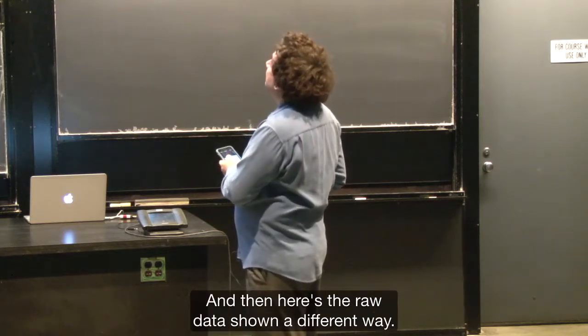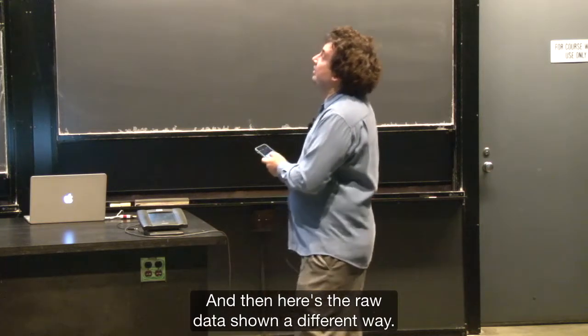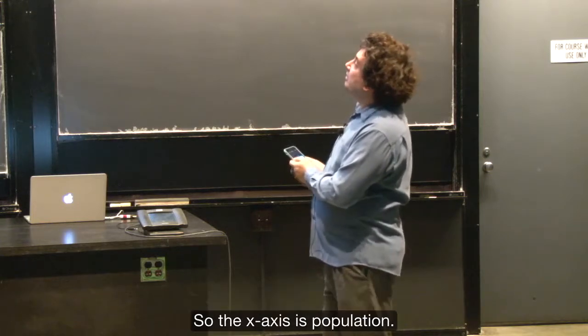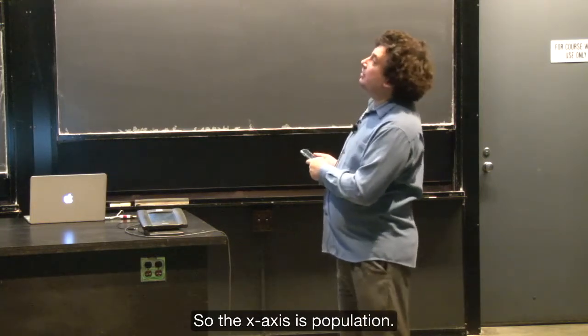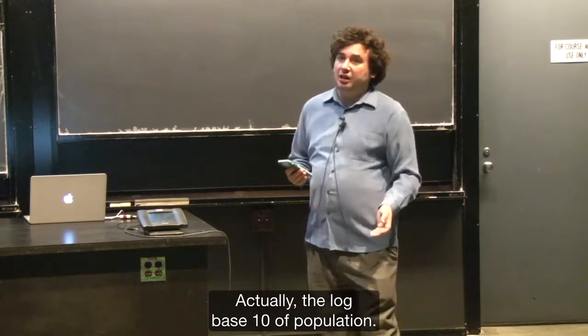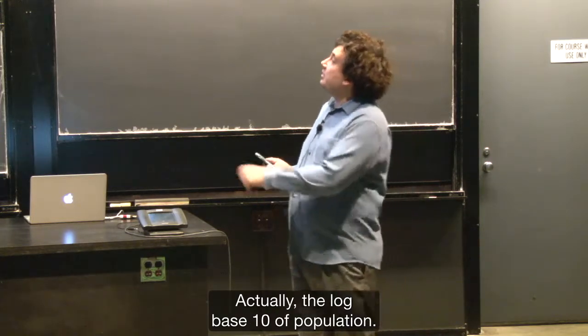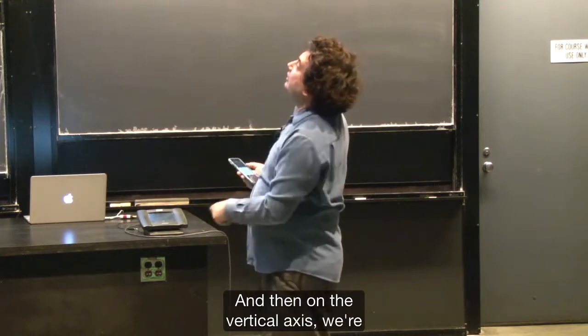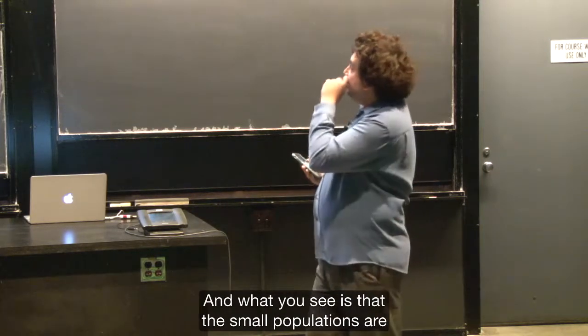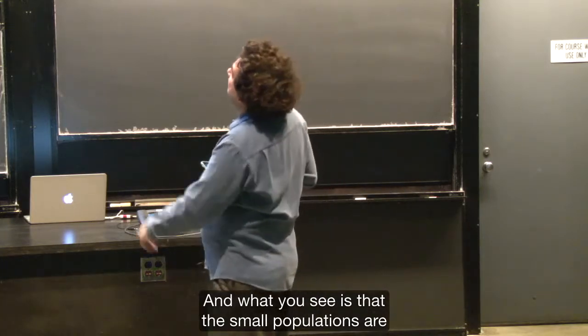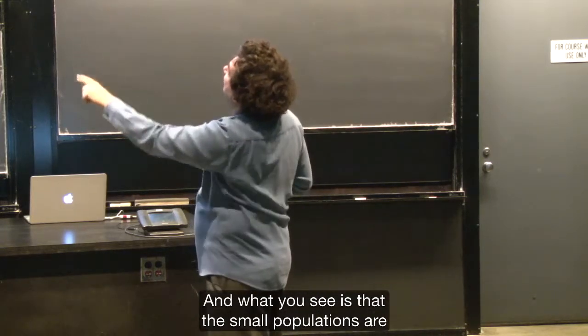And then here's the raw data shown a different way. The x-axis is population, actually the log base 10 of population. And we're looking at population, and then on the vertical axis, the death rate per 100,000 people. And what you see is that the small populations are accounting for most.